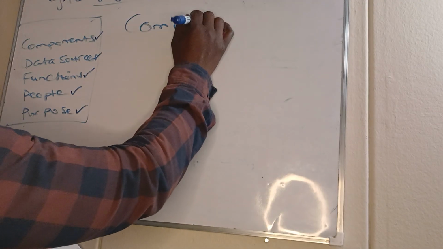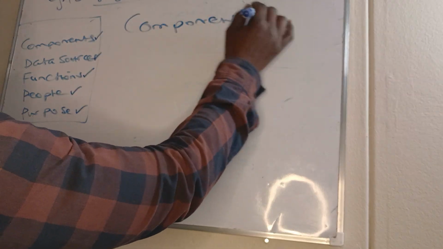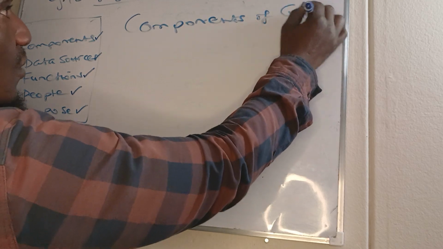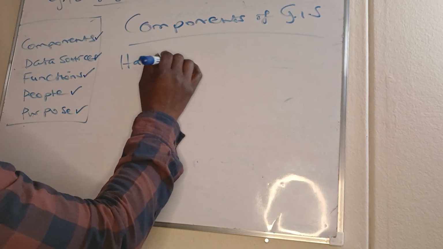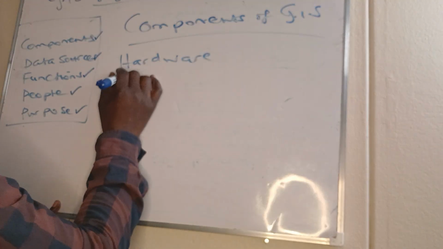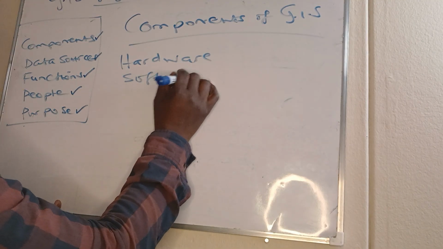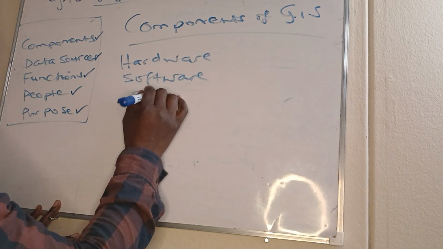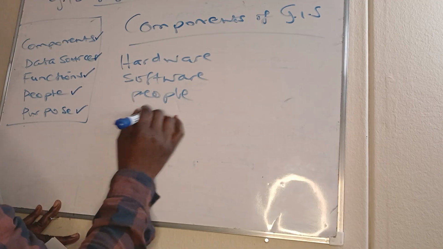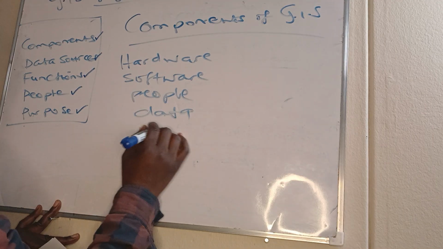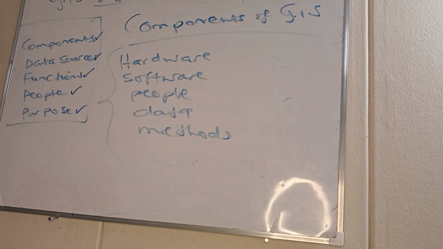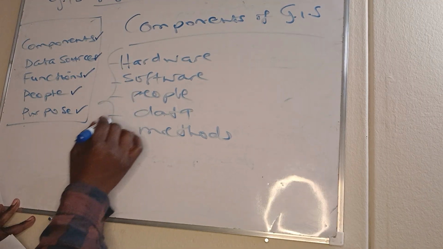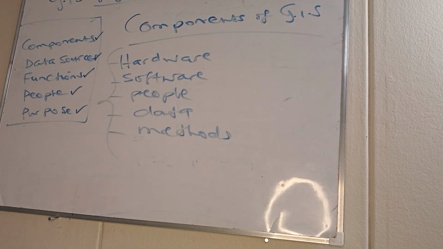We have got the hardware, the software, the people, the data, and the methods. So during the process of our GIS, we have basically 5 components that make up our GIS.